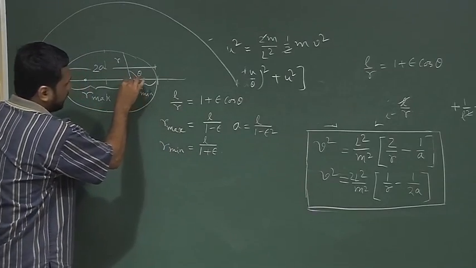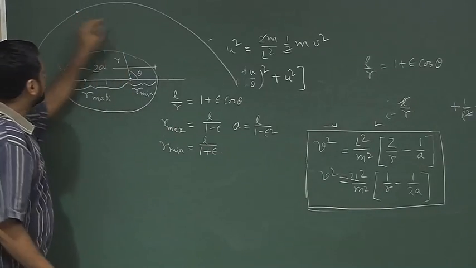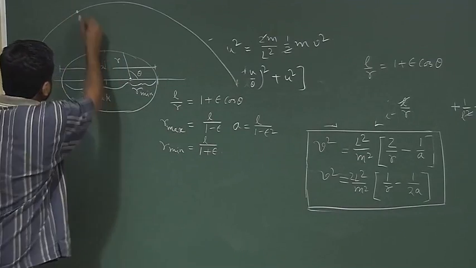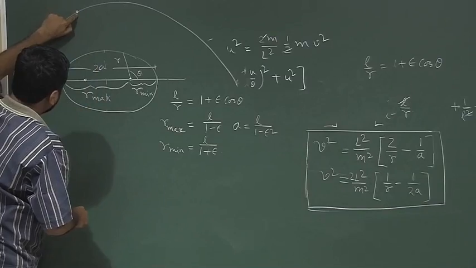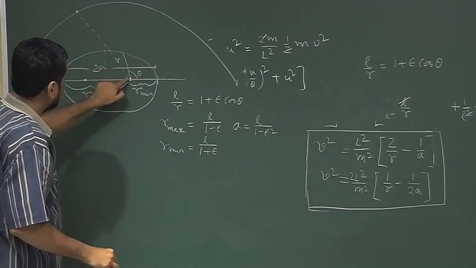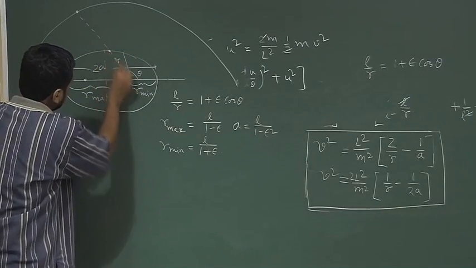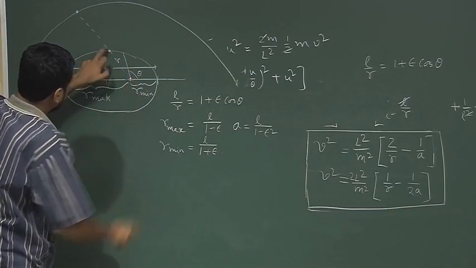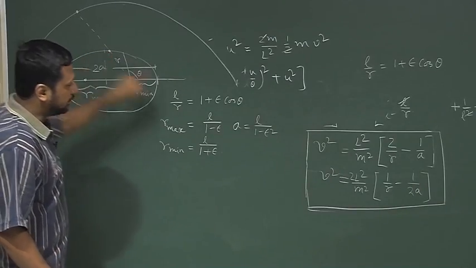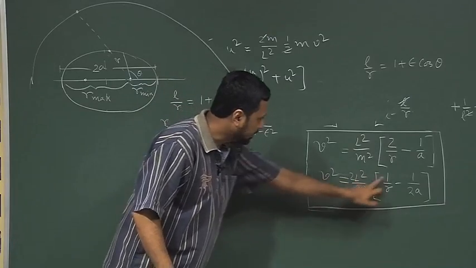Now, think of it this way: when your mass point is here on this big circle, stationary, and you allow it to drop, there is a force center here, so it will be attracted towards this force center. By the time it reaches this position, which is a valid location on the orbit, it will attain a velocity v given by this particular relation.